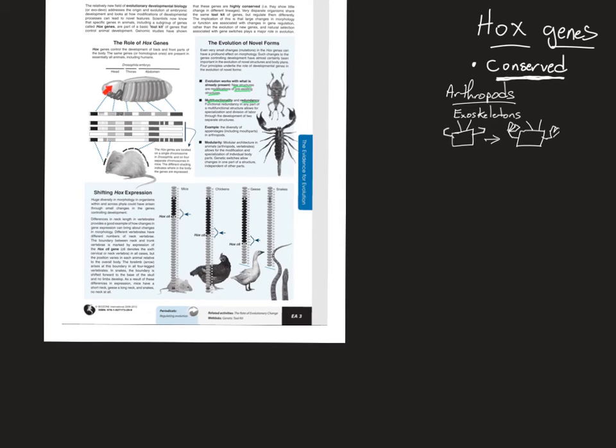But they do control the body plan. And just as these Hox genes control the body plans in vertebrates, in insects or invertebrates, the body plan is controlled by Hox genes. And it's this very important concept that these genes, number one, control body plan, number two, that allows for evolution within very important conserved regions.